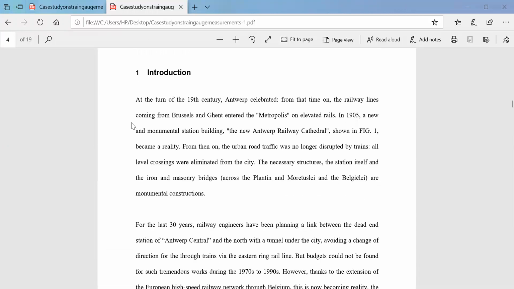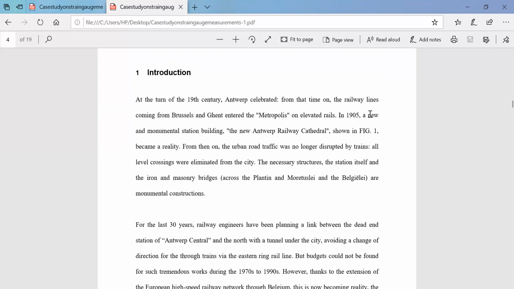Okay, so first of all, the survey related to this was done around the 19th century, right? It was related to the metropolis on elevated rails, authored by Brussels and Gent. What they say is that railway lines coming from Basel and Gent entered the metropolis on elevated rails. This started when the railways began in Belgium in the 19th century.